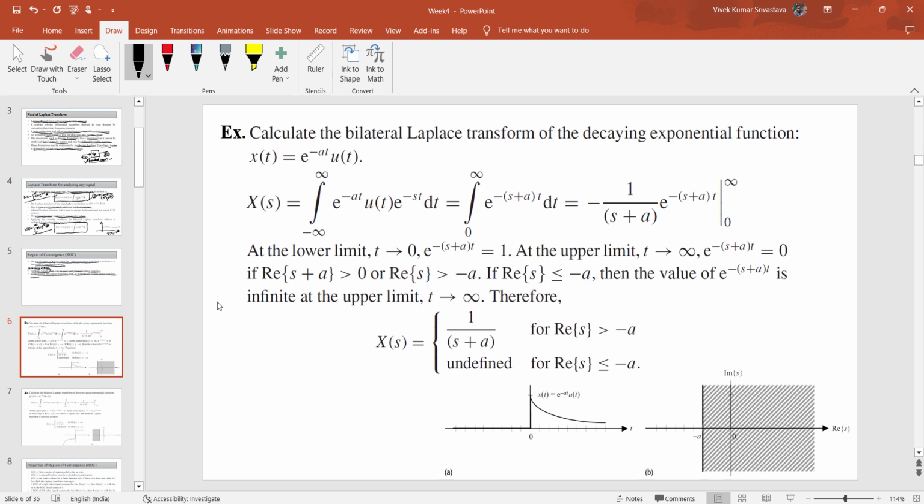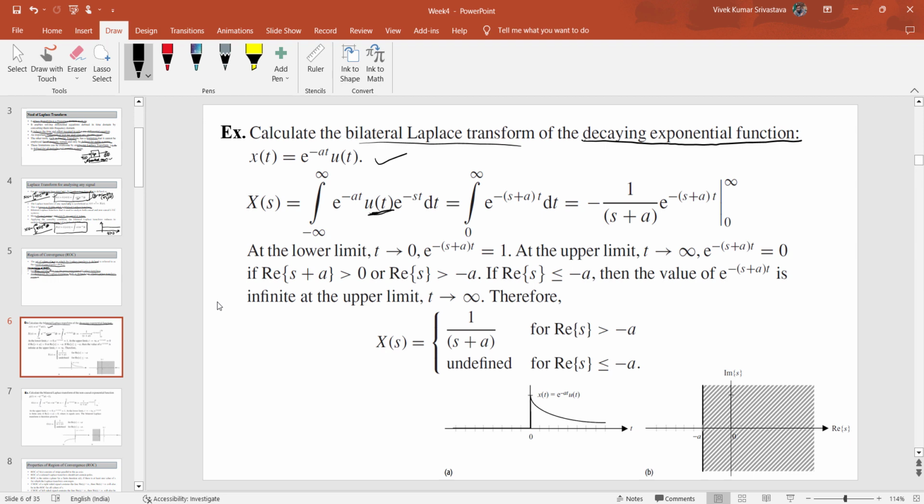Here a decaying exponential function is given to us, that is x of t equals e raised to the power minus at into u of t. This signal is given and now we have to find the bilateral Laplace transform. As we know, the Laplace transform X of s is defined as the integral from minus infinity to infinity of e raised to the power minus at u of t into e raised to the power minus st dt. Now u of t is given in the signal.